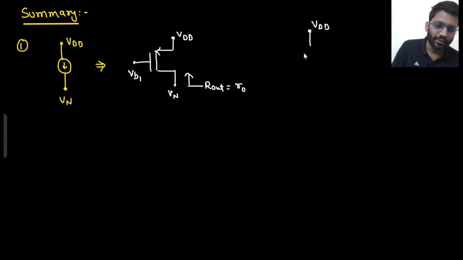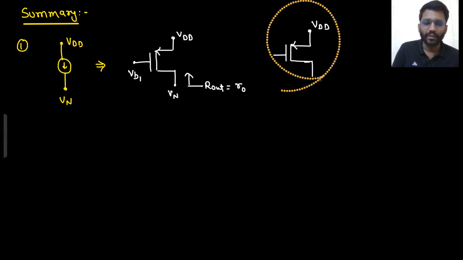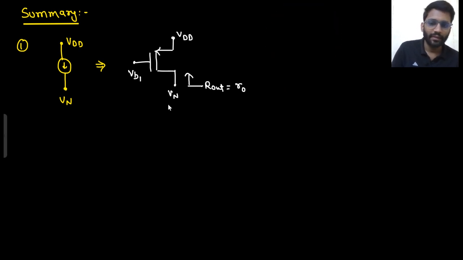But then we came to our Cascode current source. So in Cascode current source, what did we do? Or before going to the Cascode current source, what we made? This was the first one. Then we made RS here. This was the RS we were already having, and then we were having a MOS.